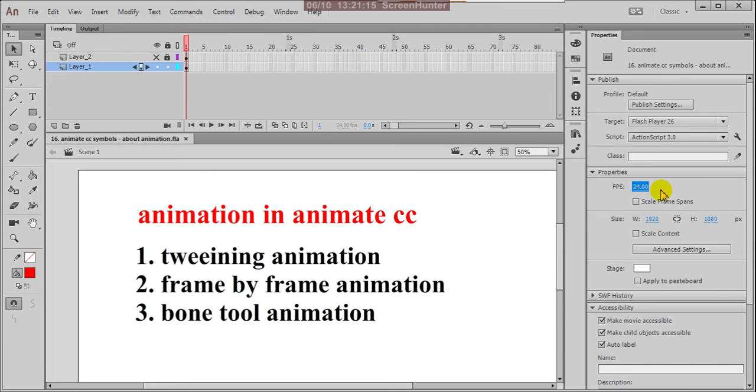That is the standard frame rate. If you increase the frames, suppose you are adding more frames, the action will be slower.